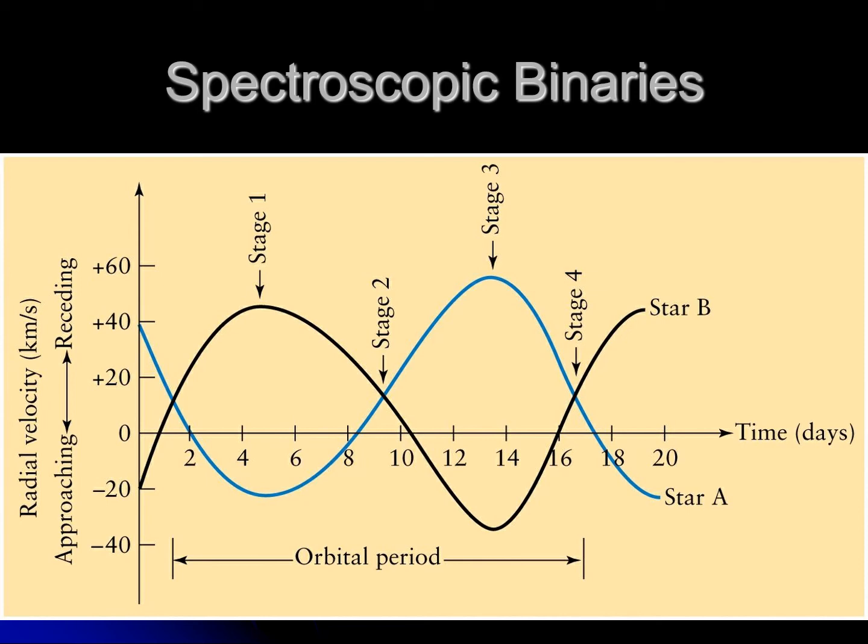This one is going away from us, that one's coming towards us. Then this one's coming towards us, and that one's going away from us. They're oscillating back and forth. So you figure out how long it takes to go from this crossing to that crossing. Either way, that's going to be one period, the orbital period.